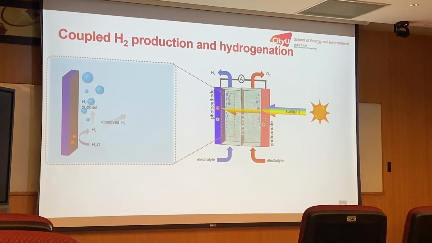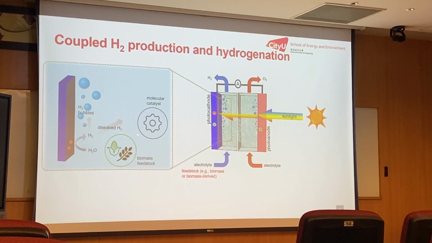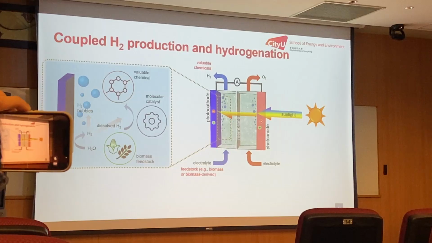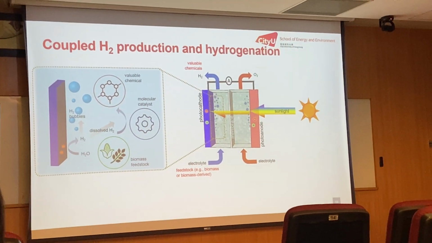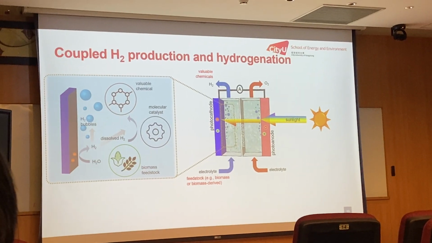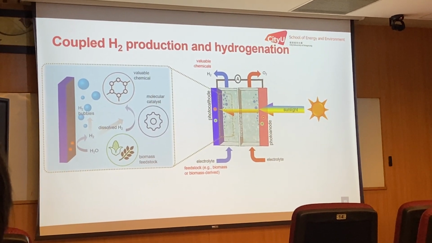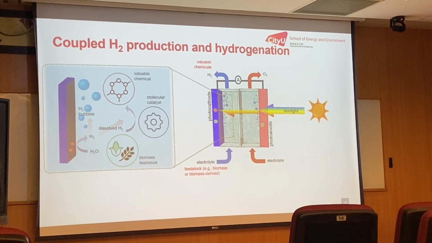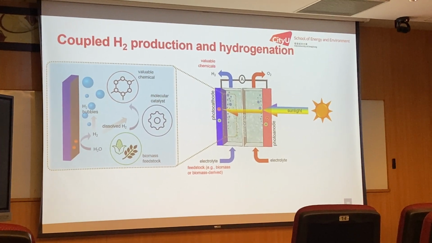But what if part of that hydrogen, especially the dissolved part, can be used to hydrogenate biomass feedstock? You can put in your molecular catalyst and then generate valuable chemicals. So the hope is that these valuable chemicals would be more profitable, and the revenue that you get from that can be used to somewhat subsidize the whole system, and the levelized cost of hydrogen can be improved, or the whole device can be made more profitable.